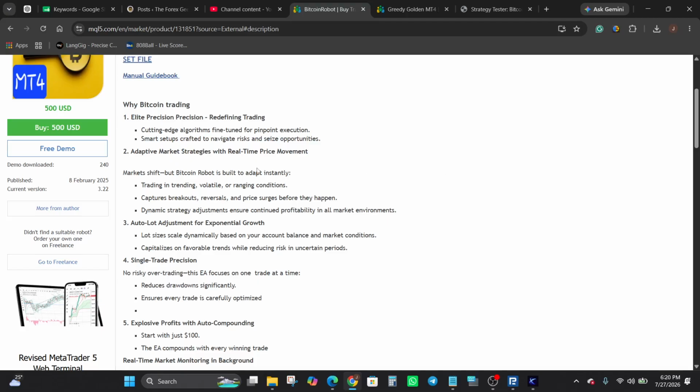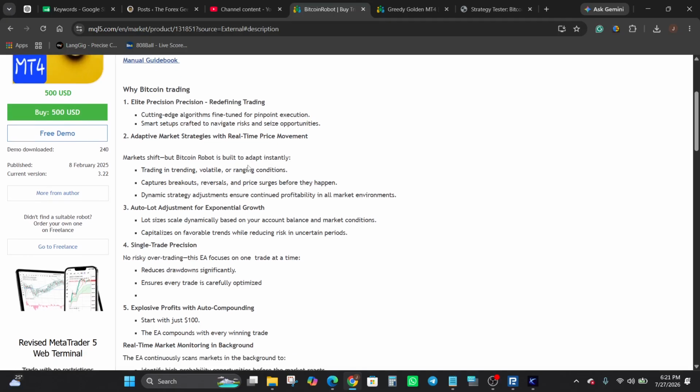The next section mentions that the EA is built to adapt to different market conditions, including trending, volatile, and ranging markets. Since the underlying strategy is not disclosed, it is difficult to verify exactly how the adaptation happens, but it is useful to know what the developer is aiming for.